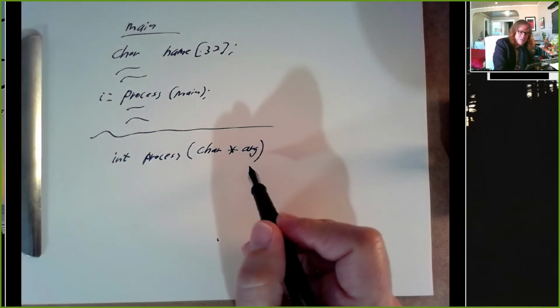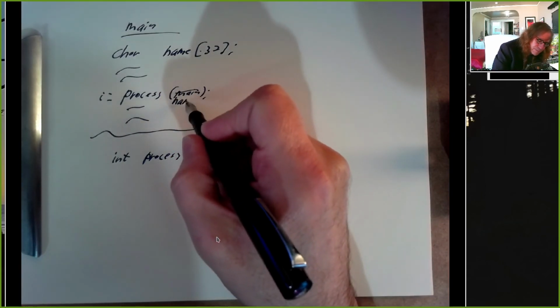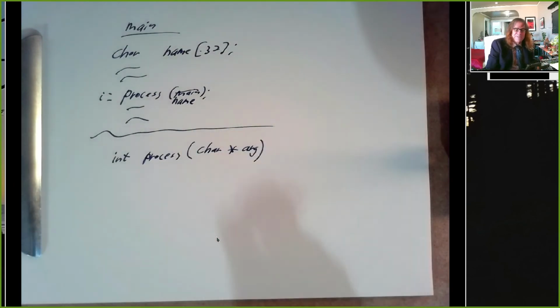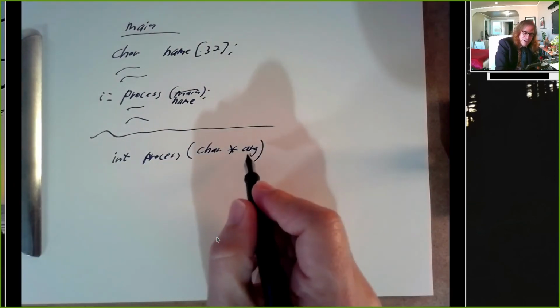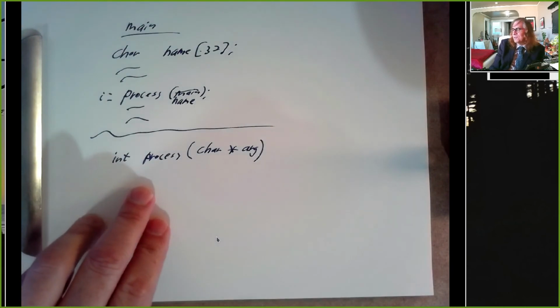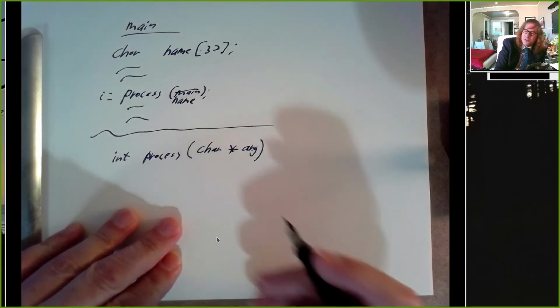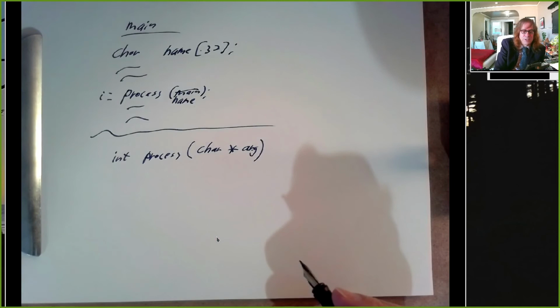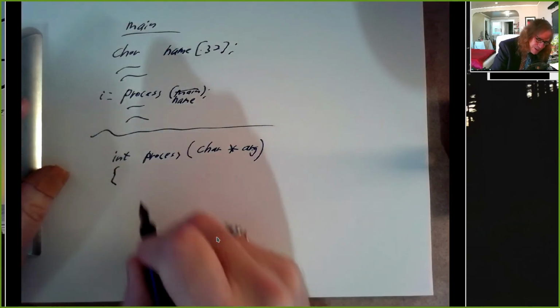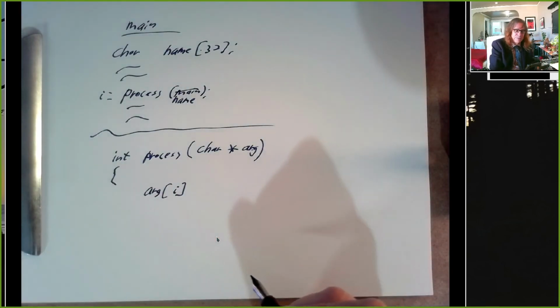It doesn't have to be named the same as the variable I'm going to pass. But I would probably define it as a char star, because someone else might call this function with a name that's 15 characters, or a character array that's 1,000 characters. So all I know down here is my argument is going to point to a character, which means it's an array. But once I'm inside here, I can say arg bracket some number.